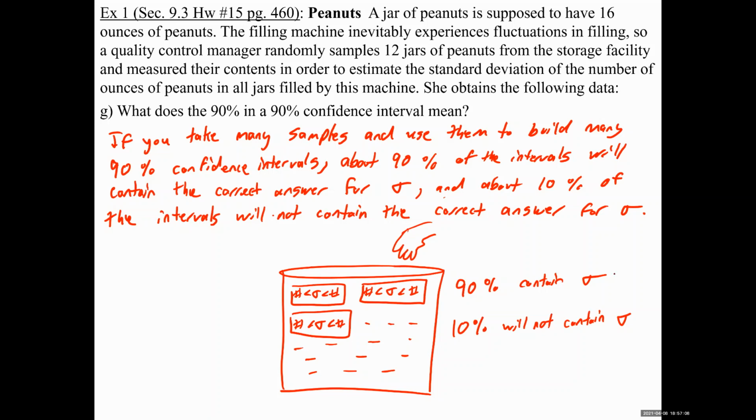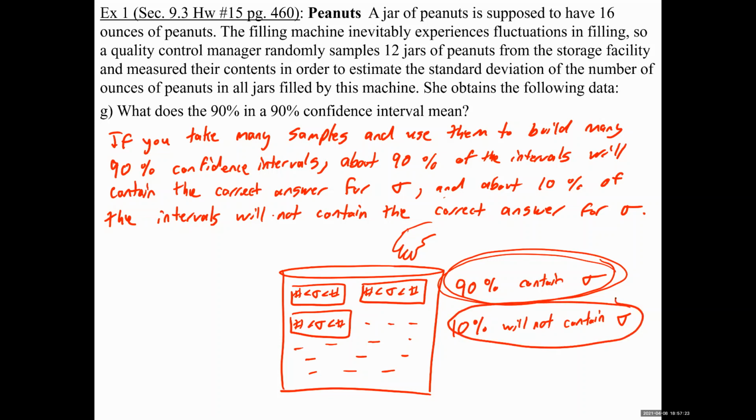Why? Because so many of the intervals in the bag have sigma in it, 90% of them. It's so easy to get one that has sigma because so many have sigma. It's hard to get an interval that doesn't have sigma, but still 10% of the intervals in the bag don't have sigma in there. So constructing a confidence interval is like selecting one interval out of a bag filled with intervals that has these contents. 90% have sigma and 10% do not.